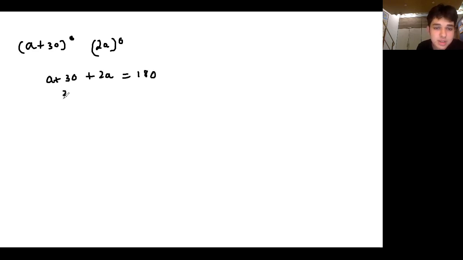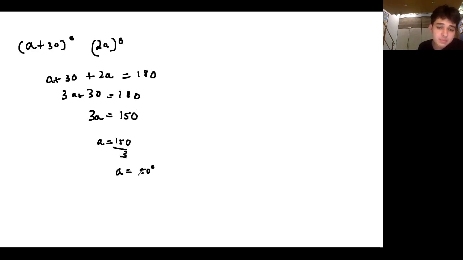And so 3A plus 30 would be equal to 180. And so 3A would be equal to 150. 180 minus 30 would be 150. So A would be equal to 150 upon 3. So A would be equal to 50 degrees, right?